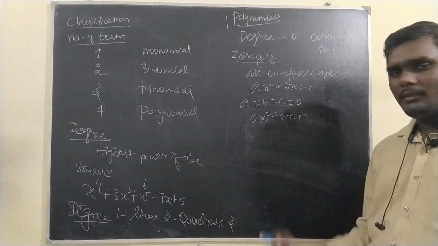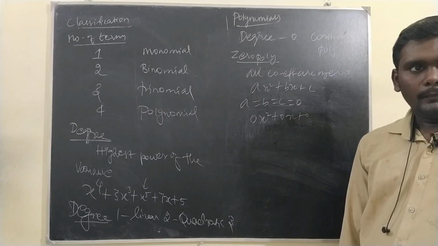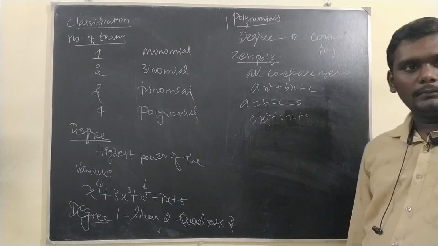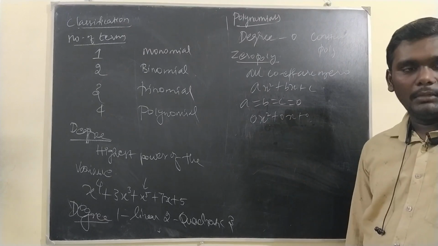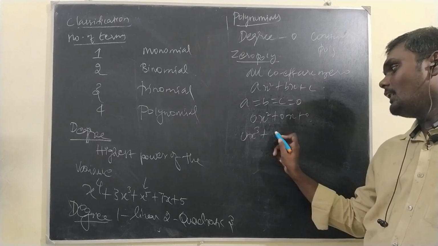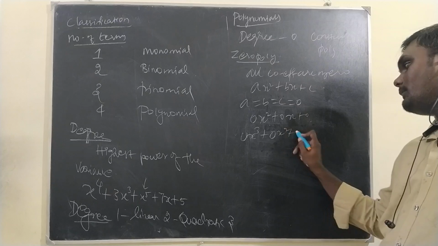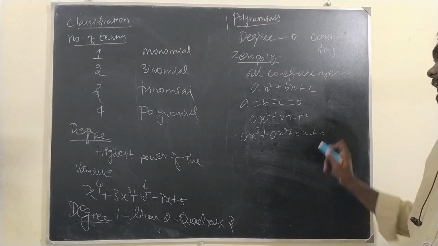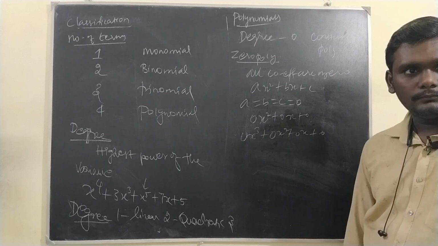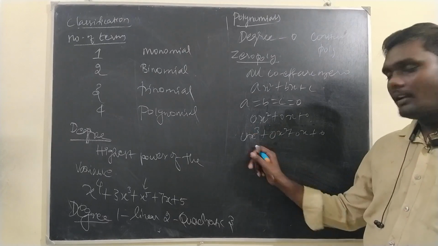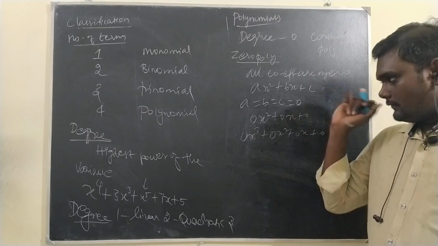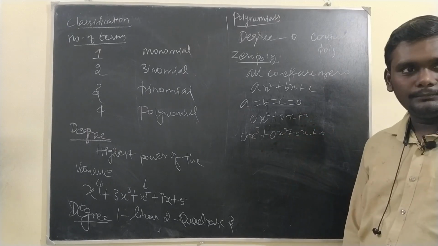What is the degree of this polynomial? 2. Okay, but there is also a chance that we can write a polynomial like x cube plus 0x square plus 0x plus 0. How can you say the degree of this polynomial is 3? Is this 2 or 3 right now? Okay, let's fix on 3, shall we?